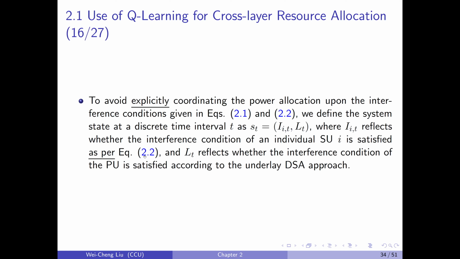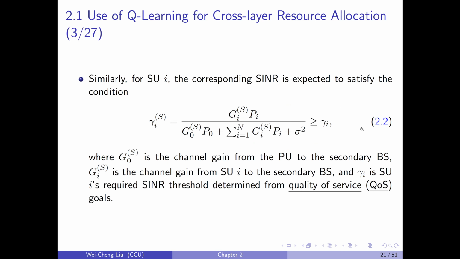Let us see equation 2.2. Equation 2.2 shows that for secondary user i, the corresponding SINR is expected to satisfy the condition gamma_i^s equal to this equation, which is greater than or equal to gamma_i, and gamma_i is the SINR threshold.